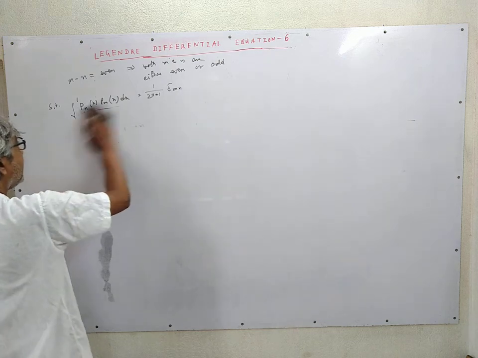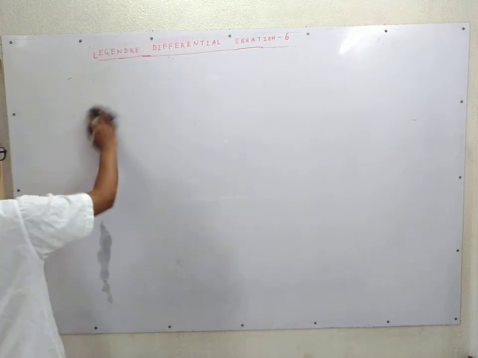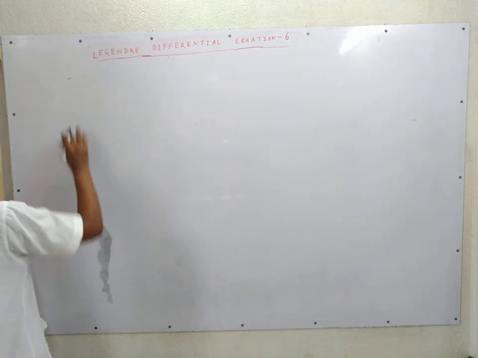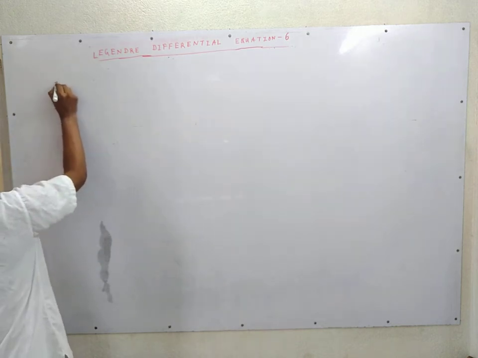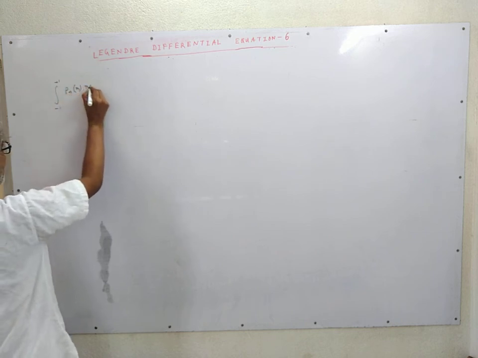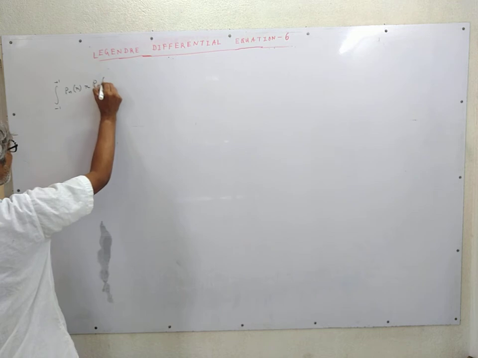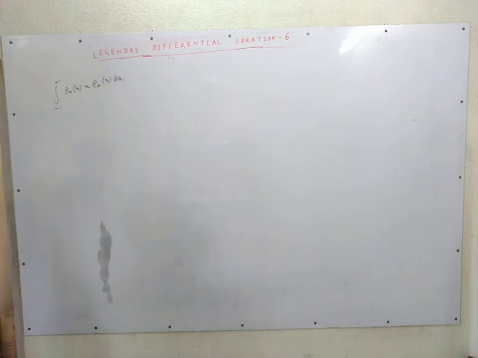Sometimes one encounters an integration which involves two Legendre polynomials with x sandwiched between them. How to evaluate this?